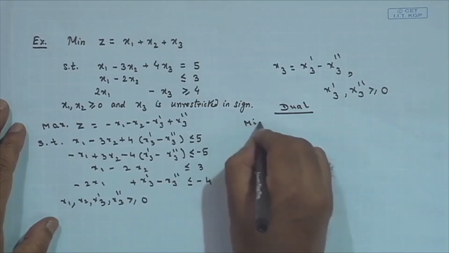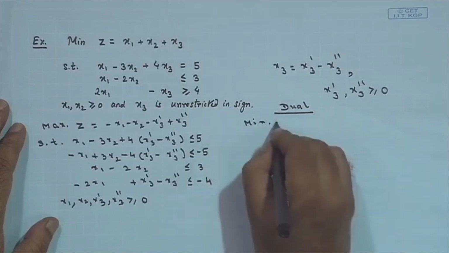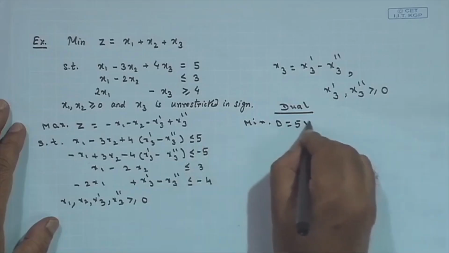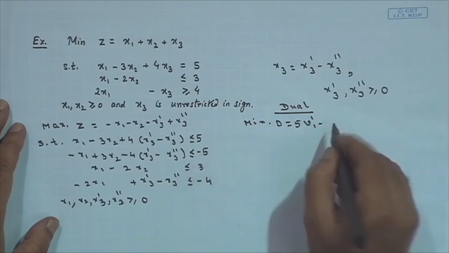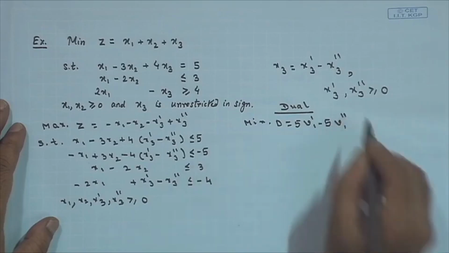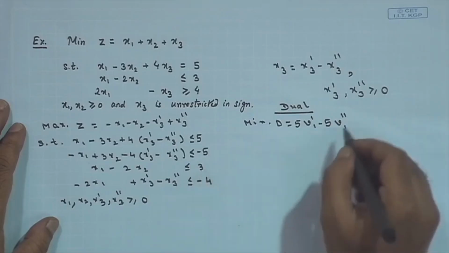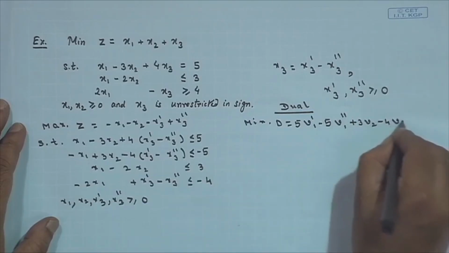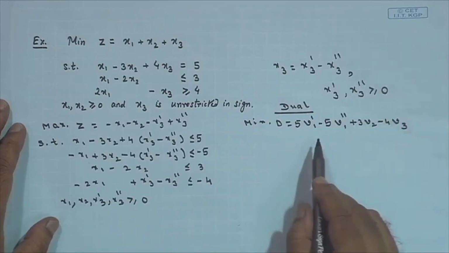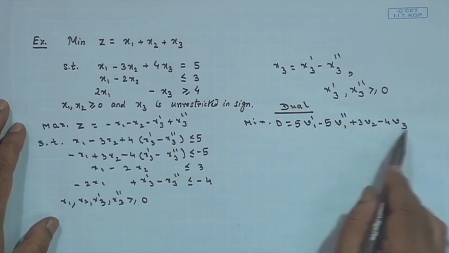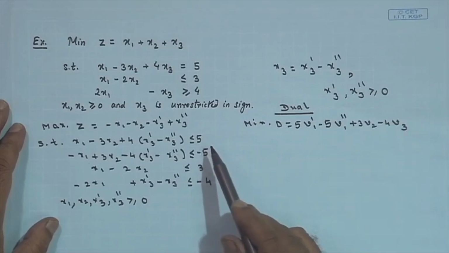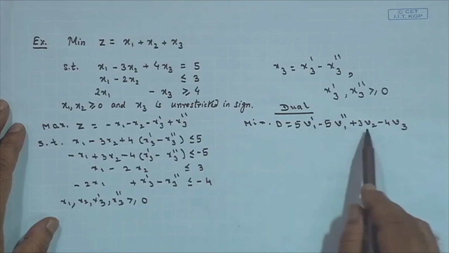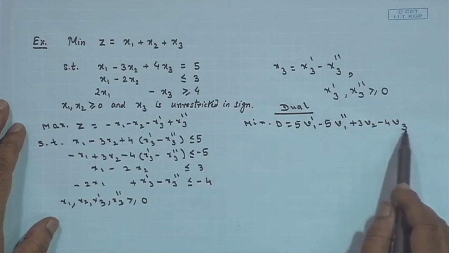So minimize d equals 5 v1 dash minus 5 v1 double dash plus 3 v2 minus 4 v3. So I have 4 variables v1 dash, v1 double dash, v2 and v3, corresponding to the constraints.